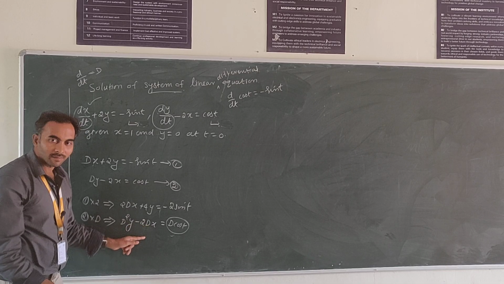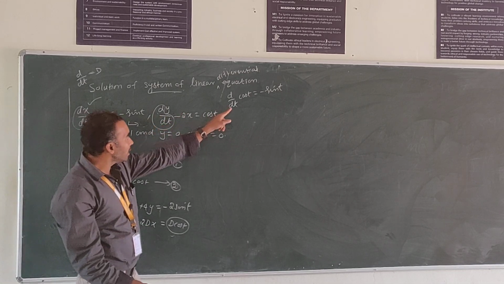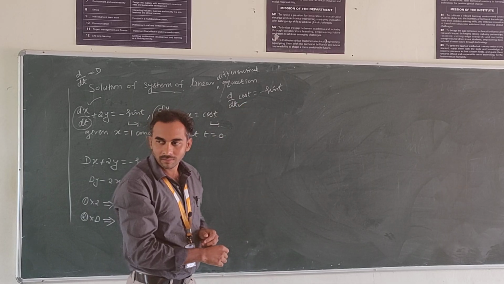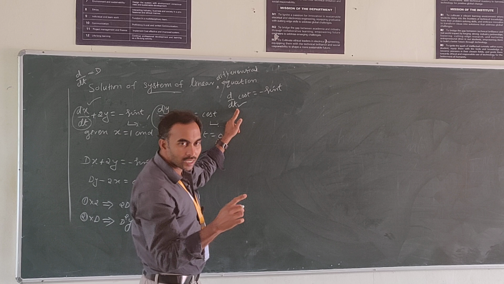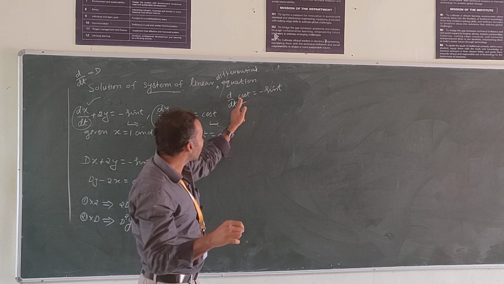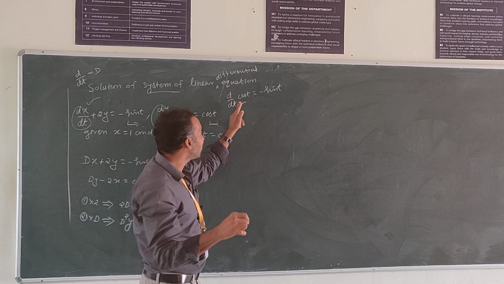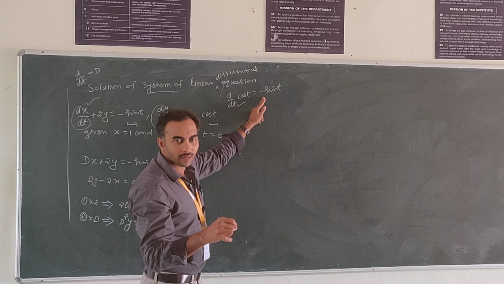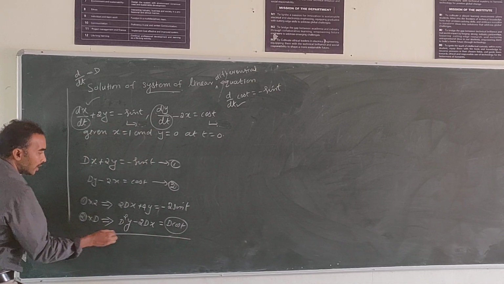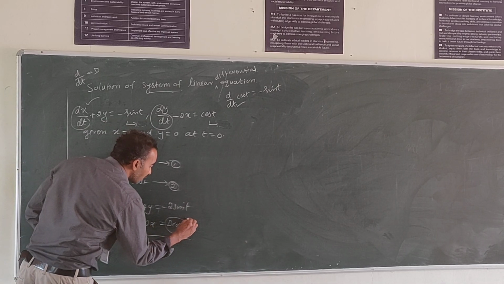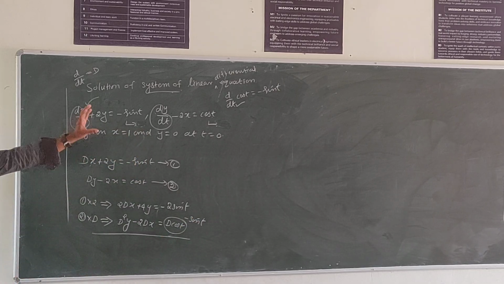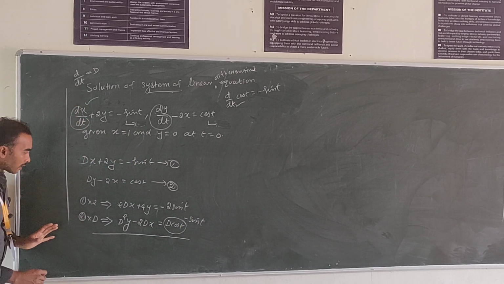D by dt differentiates only the variable t, not others. So here cos t is there, that's why we differentiate cos t. So instead of D cos t we can write minus sin t. The reason is there.